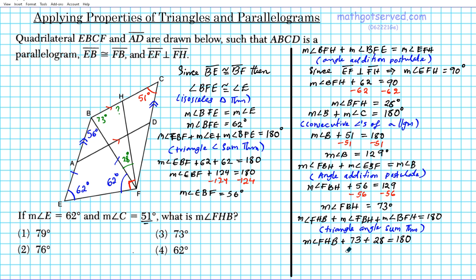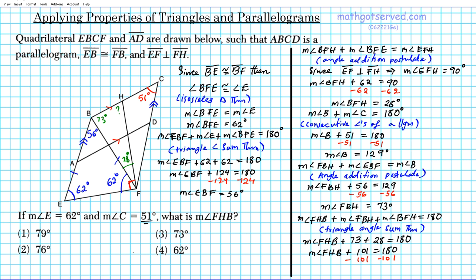Okay, so let's go ahead. This is an algebraic equation. We just want to get measure of angle FHB by itself, and we are done. So combine like terms, measure of angle FHB plus, add these two together, 101 is equal to 180 degrees. And then final step, subtract 101 from both sides.